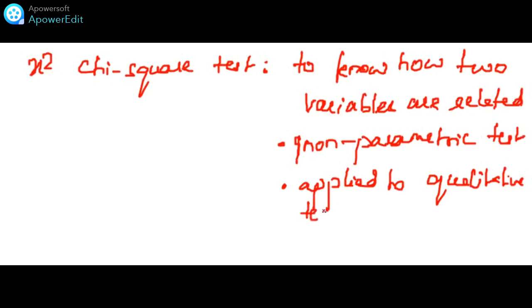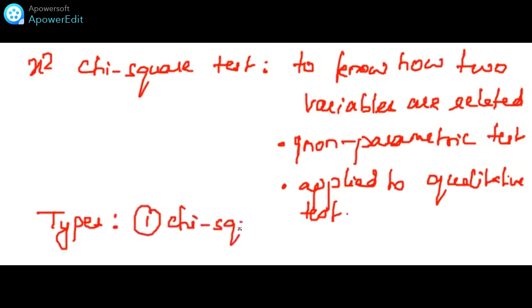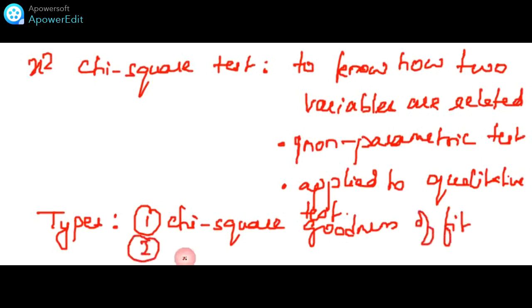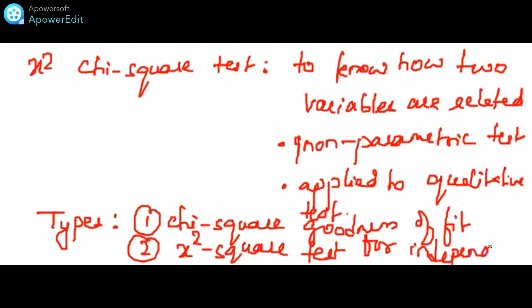There are two types of chi-square test. The first is chi-square goodness of fit, and the second is chi-square test for independence. These two chi-square tests are important for qualitative data analysis.